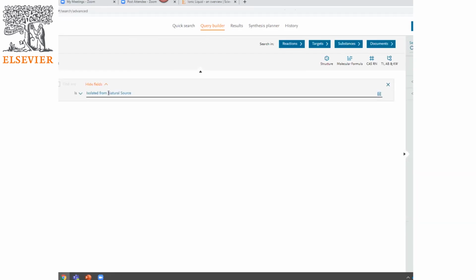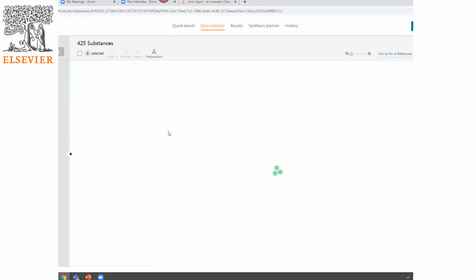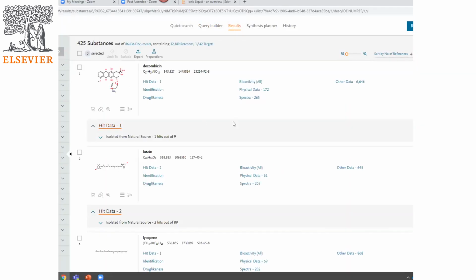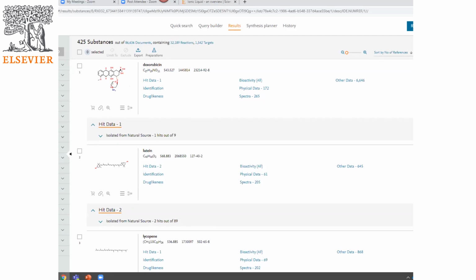And what we can use there, we can use any natural source. So we can type the specific name of the plant, a specific insect, or a specific animal, for example. We can even type human, and we will find some substances which were detected in human beings.